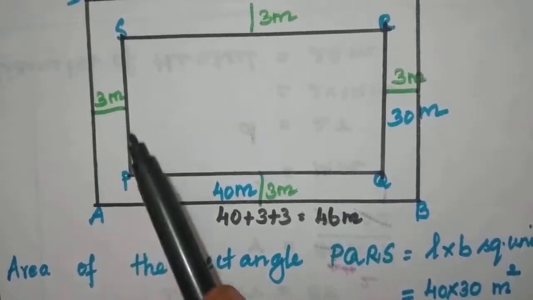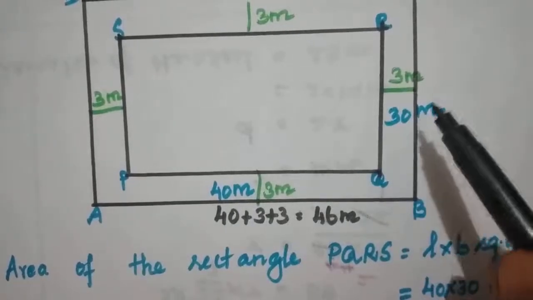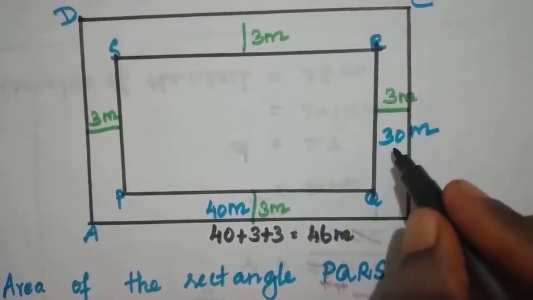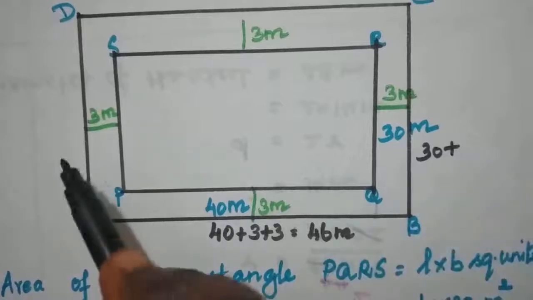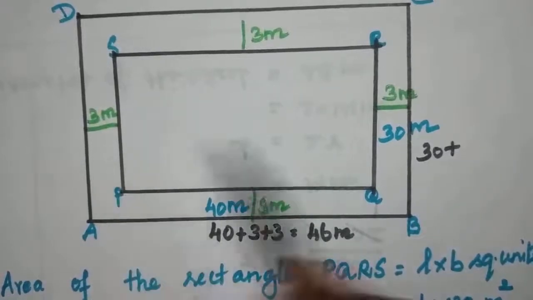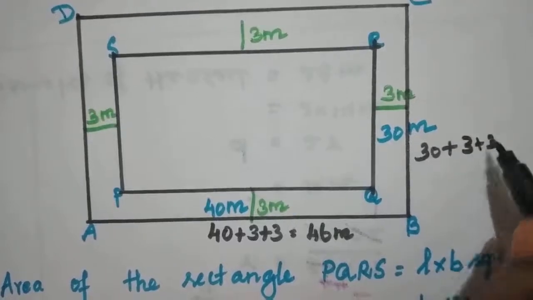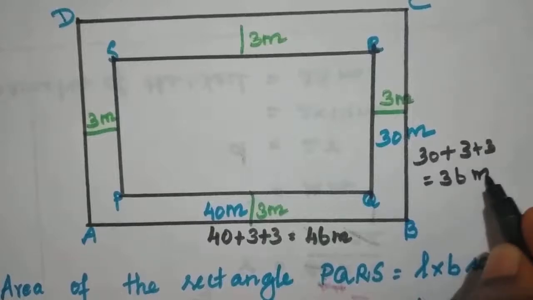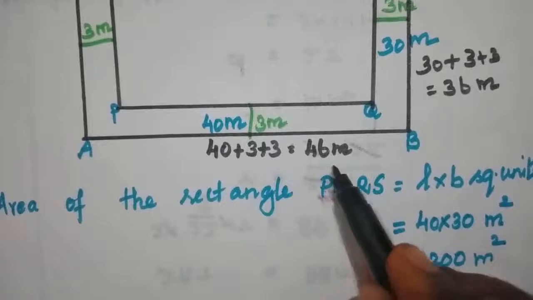Similarly, the breadth of the rectangle ABCD is calculated by the breadth of the inner rectangle, 30, plus the width of the footpath on both sides. So 30 plus 3 plus 3 is equal to 36 meter. So the length is 46 meter and the breadth is 36 meter.